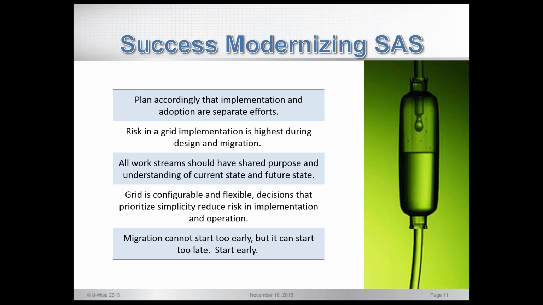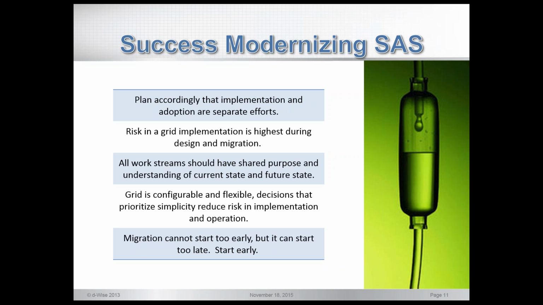Prioritizing simplicity really helps to reduce both the implementation risk and the operational risk. It's oftentimes a challenging thing to do, but it's the right thing to do because it means that we don't wind up with something that's so variant that we can't scale for support, that we can't adapt to the business needs.